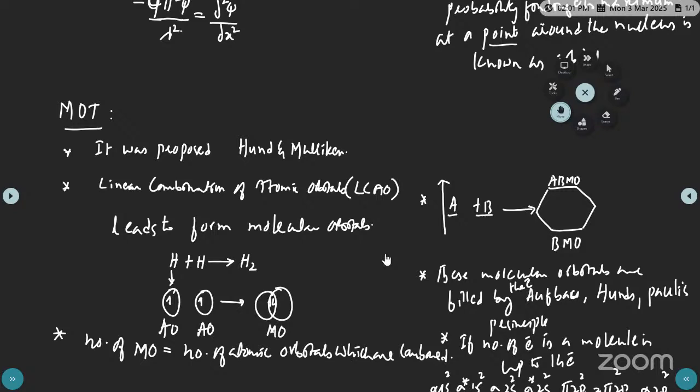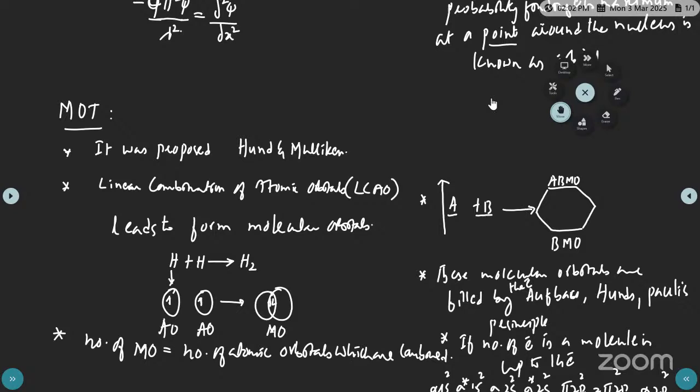The number of molecular orbitals is equal to the number of atomic orbitals combined. If two atomic orbitals are combined, mainly two types of molecular orbitals are formed: the bonding molecular orbital, which is lower in energy, and the anti-bonding molecular orbital, which is higher in energy. These molecular orbitals are filled by electrons on the basis of Aufbau, Hund's and Pauli's exclusion principle.